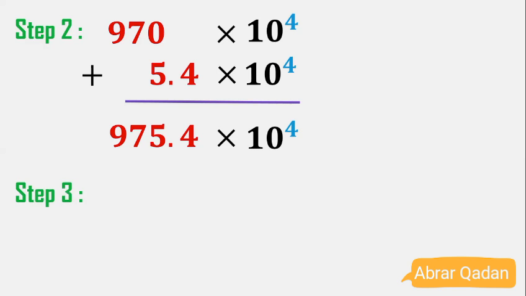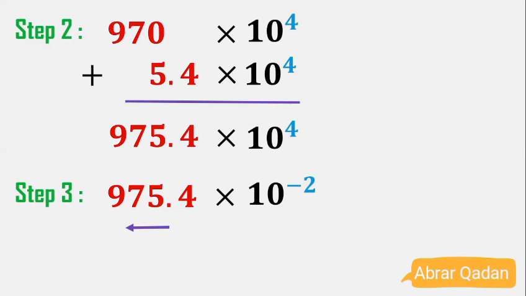Okay, step number 3, make sure you have 1 non-zero digit in front of the decimal. So here in front of the decimal we have 3 digits. So I will move the decimal point from right to left. By what? By multiplying or dividing.